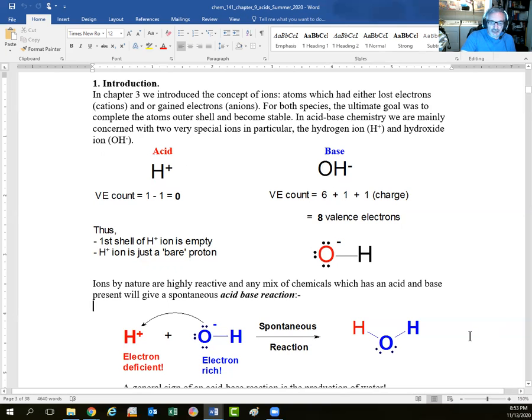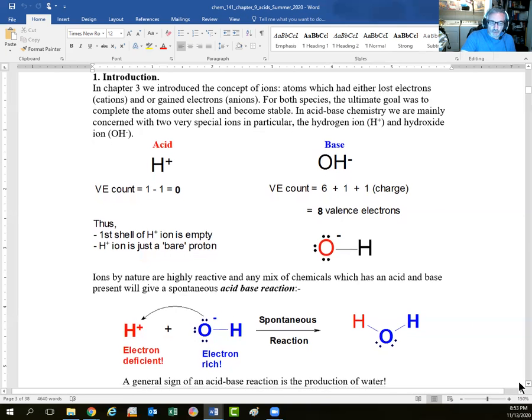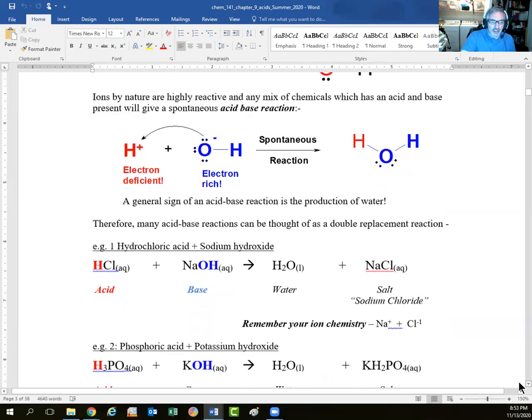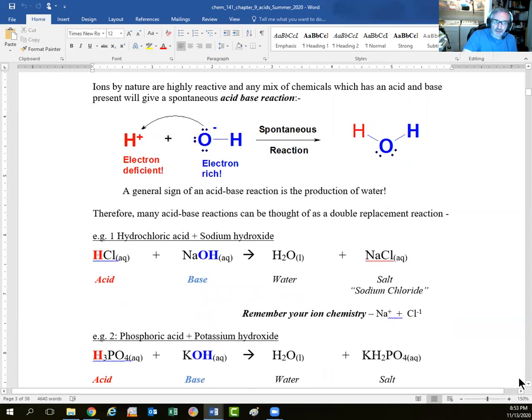Now, hydrogen ions and hydroxide ions, when together in a reaction, will always seek each other out and combine together to produce water. This is a very vigorous, very spontaneous reaction. So regardless of who they came with to the party, if they find each other, they'll always bond, they'll always react.